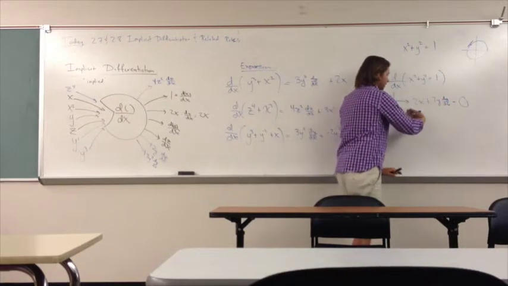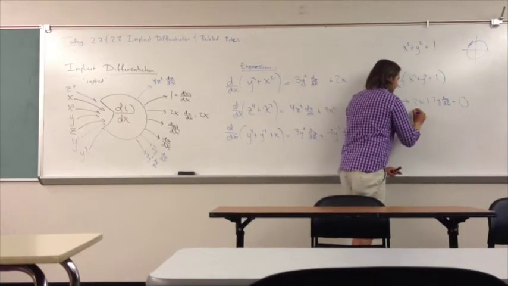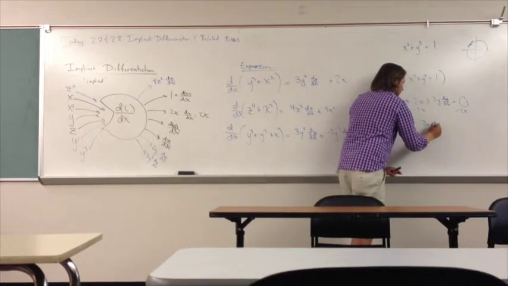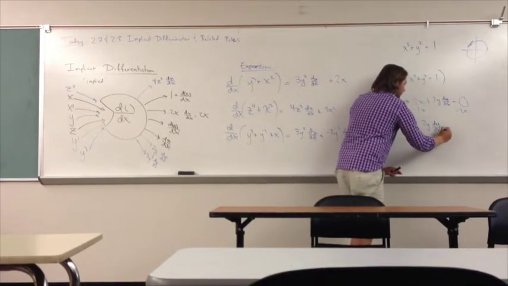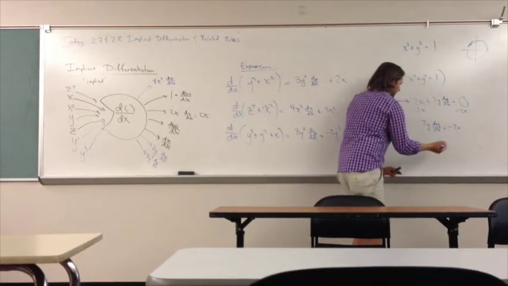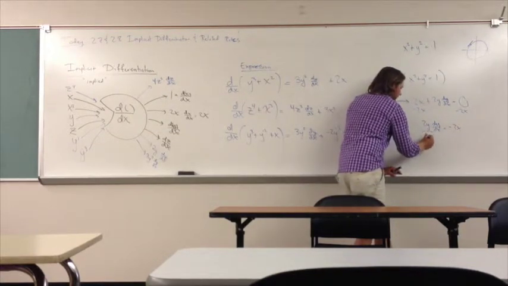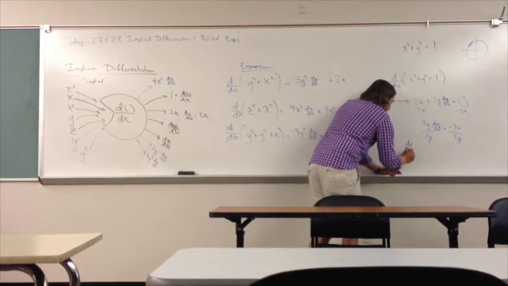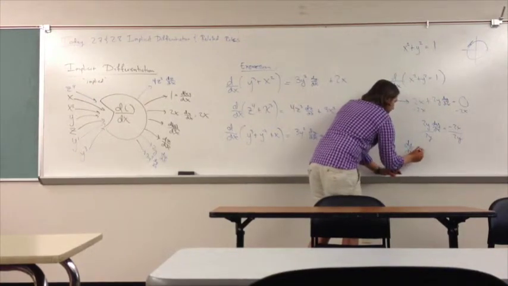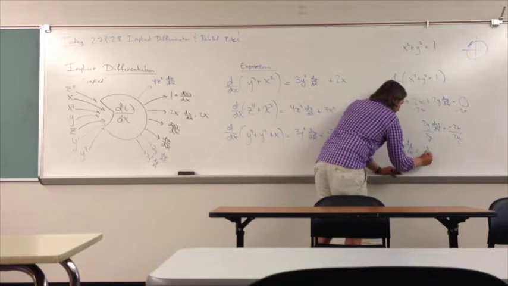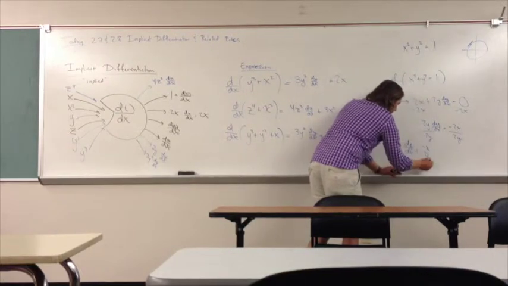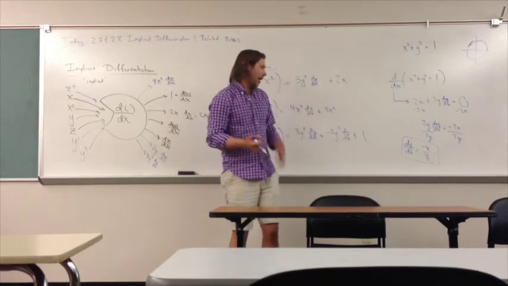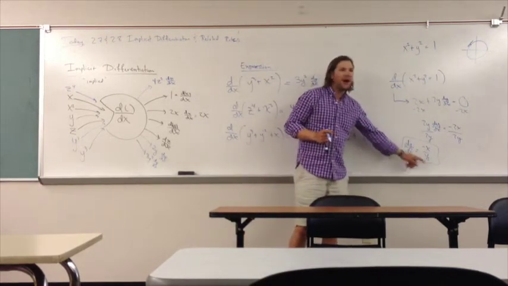What I want to do now is subtract 2x from both sides, and I get 2y dy dx equals negative 2x. And then I divide both sides by 2y. So that tells me that the derivative dy dx is equal to negative x over y, because I can cancel those two. So my slope at any point x comma y is negative x over y.